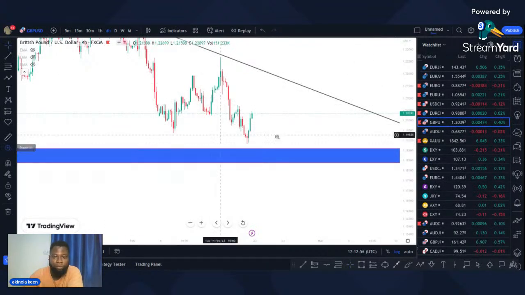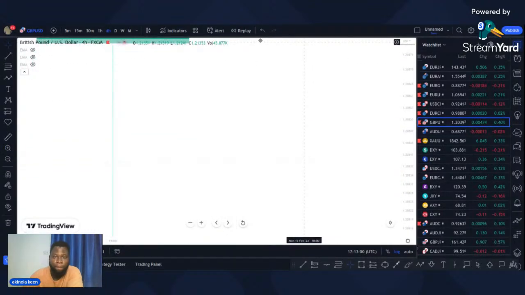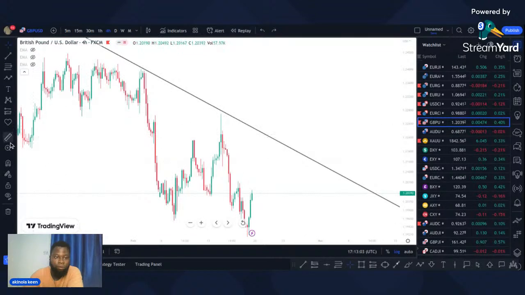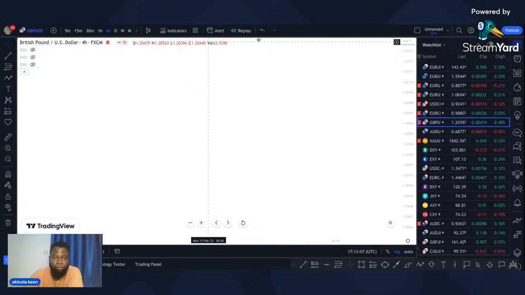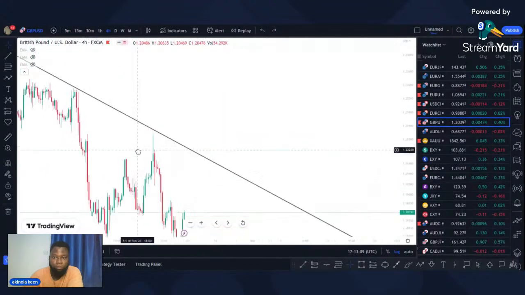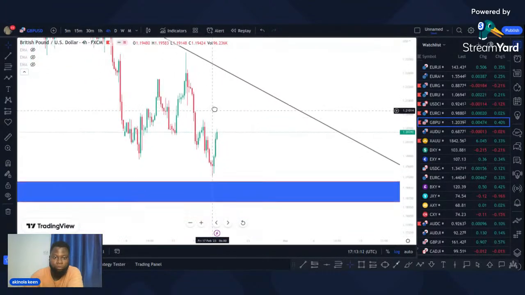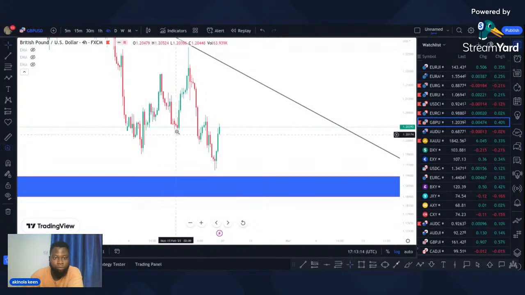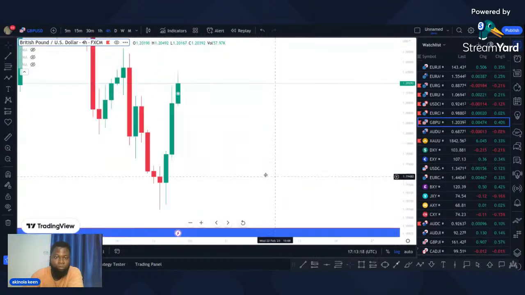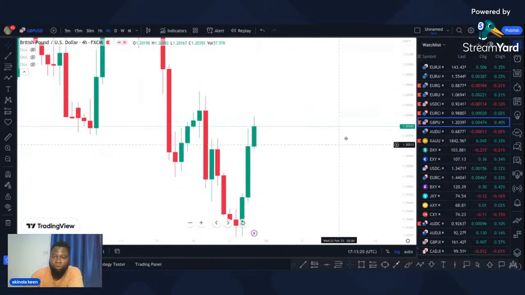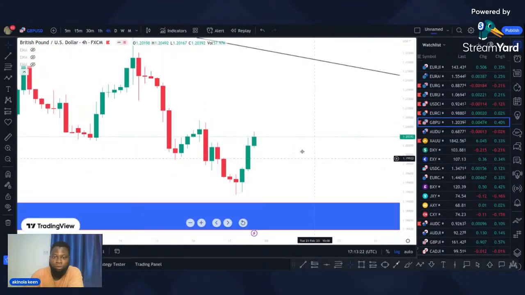into this channel. So you can see this level here is a retracement of this swing low.